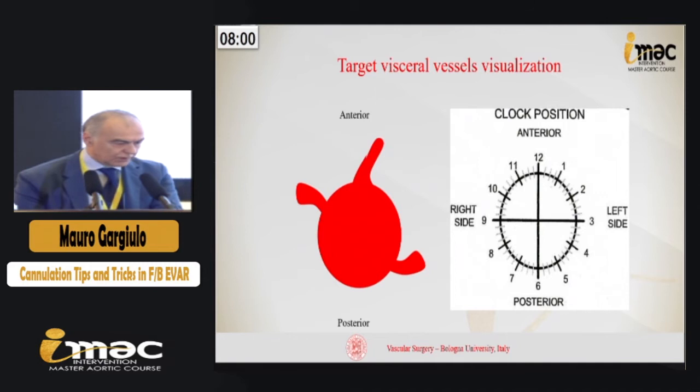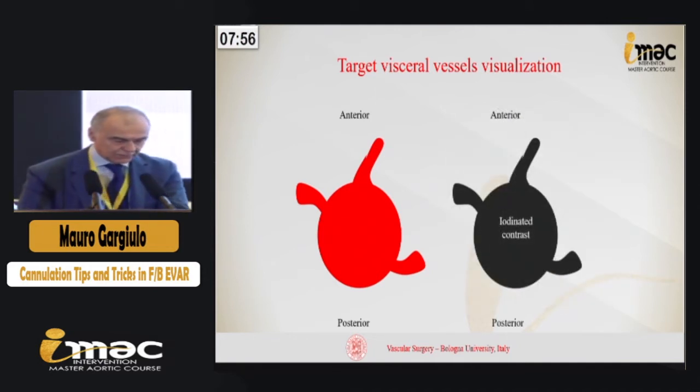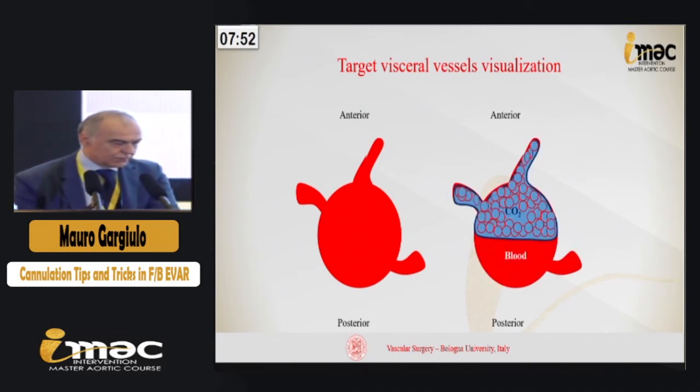If you look at the clock position, you can see the distribution with iodinate contrast medium. But CO2 is a gas, so it's possible to see only the anterior wall of the aorta. If the visceral vessel ostium is in the posterior wall, you have some problem detecting exactly the patency of this artery.